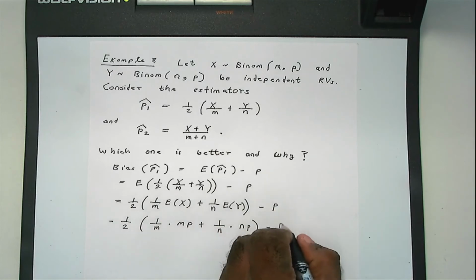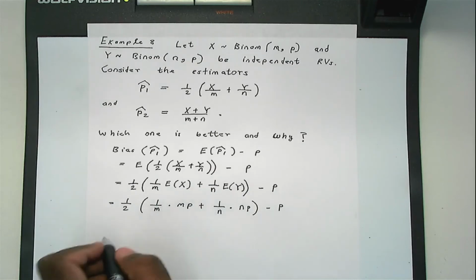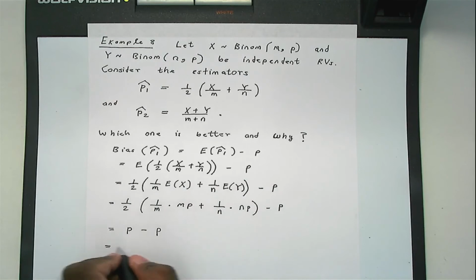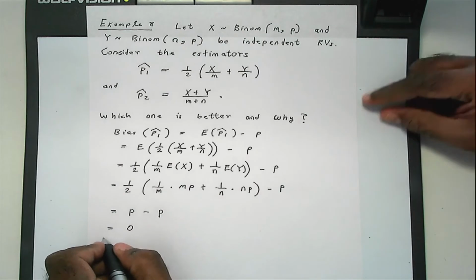Right? So what you get is p minus p, which is 0. So the bias of the first estimator is 0. Now let's see what happens to the bias of the second.